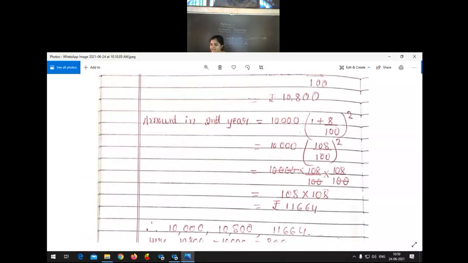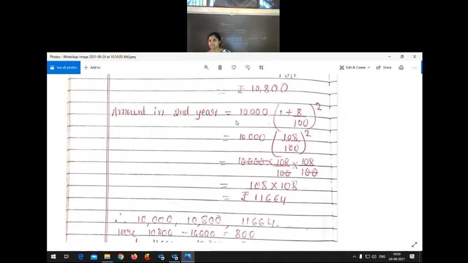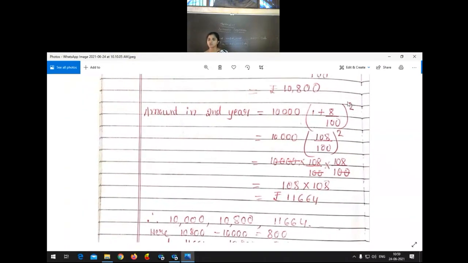Now the amount in the second year we have to calculate. Same formula we have to use, but in place of T we substitute 2. So the principal is 10,000 into (1 plus 8 by 100) to the power of 2.